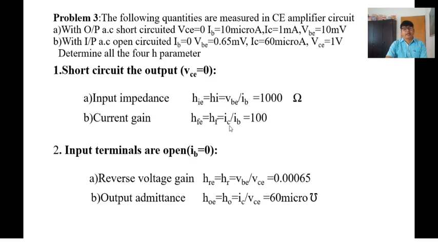Similarly current gain is output current by input current. With the input terminals open, reverse voltage gain can be calculated using VB by VCE, and output admittance can be calculated using output current by output voltage. So by using the given data, you can simply apply it for the CE configuration and calculate all these factors.